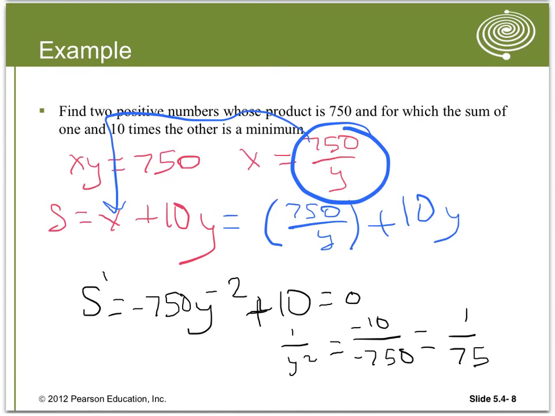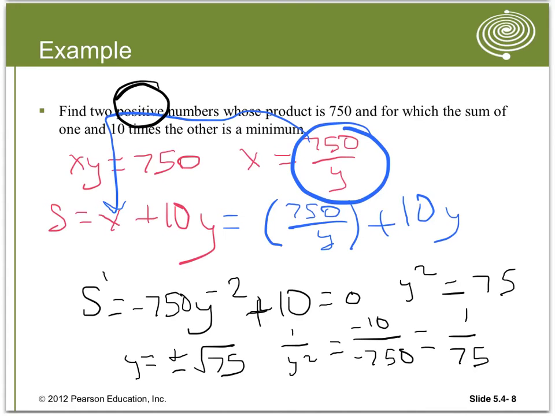You flip them, so take reciprocals, y squared equals 75, and y equals plus or minus the square root of 75. But we were told originally that we had 2 positive numbers, so the negative is out, and y equals the square root of 75.